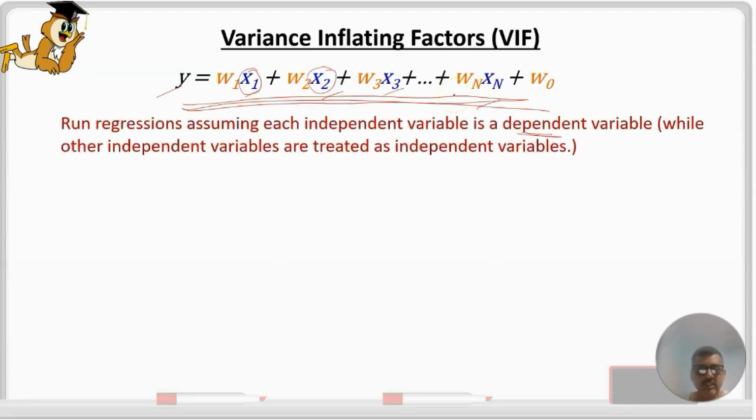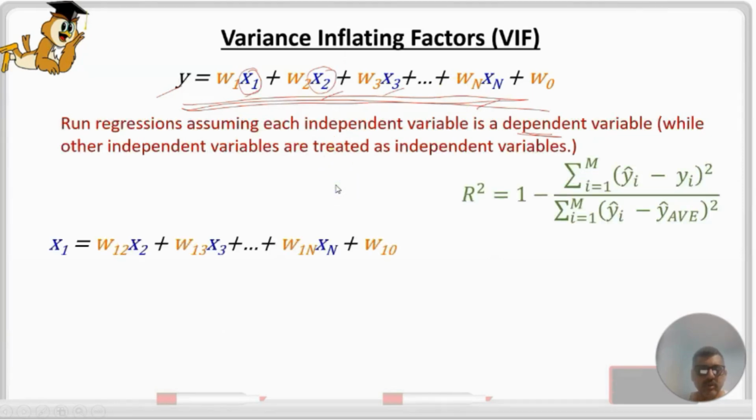Okay, so let's do that. You create a model where you are trying to write x1 in terms of x2, x3, xn and so on. So you run a regression.